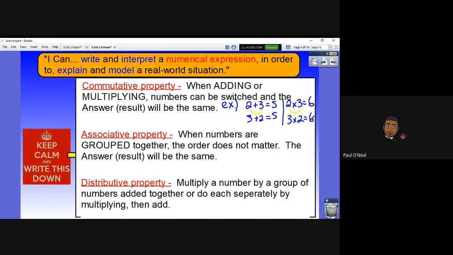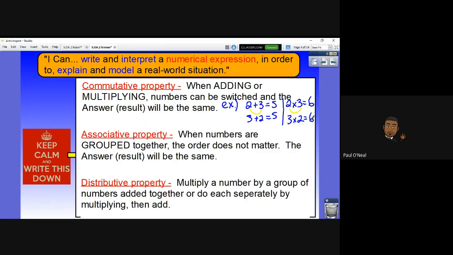So again, the order does not matter with commutative, okay? The result is going to be the same. Again, the answer for an addition problem is called the sum. The answer to a multiplication problem is called the product, okay? Please remember, as best as you can, those specific mathematical terms, okay?